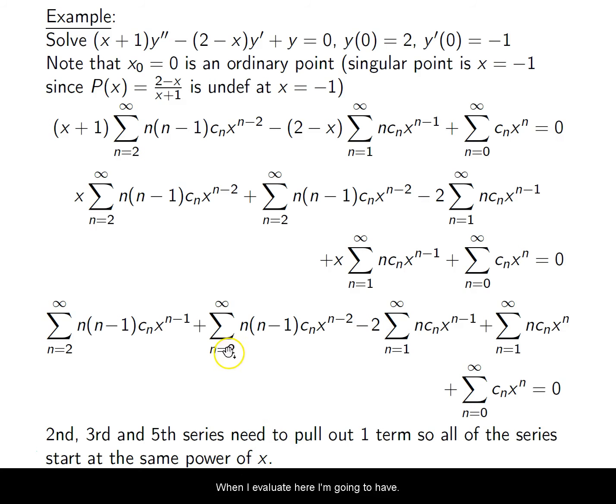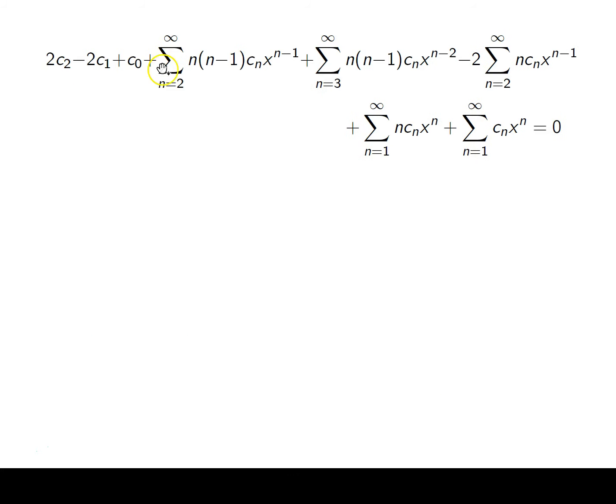So when I evaluate here, I'm going to have 2 times 1, which is 2, times C2, a constant, so 2C2 from here. From here, I'm going to get negative 2C1. Remember, this is just a constant, so negative 2C1. And from here, I'm just going to have C naught. So those are the three terms that are going to come out: 2C2, negative 2C1, plus C naught.